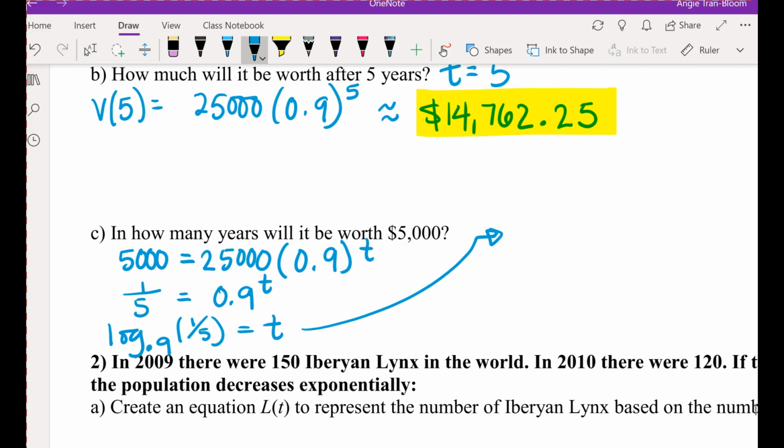What's your next step in solving for t? The change of base, you're right. Log of what divided by log of what? Log of 1/5 divided by log of 0.9.